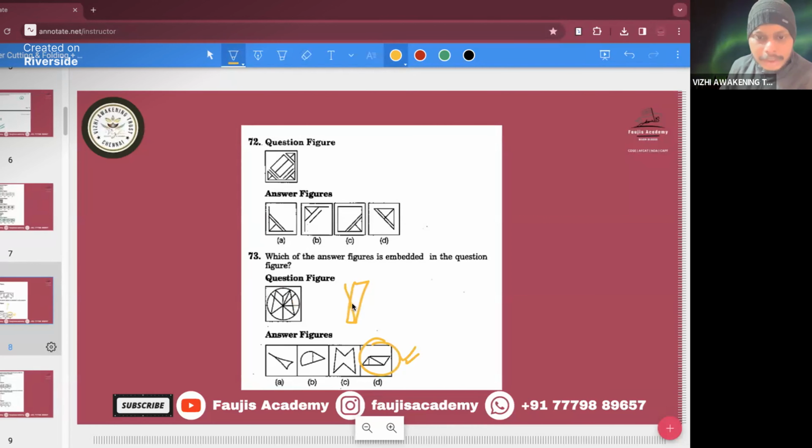Okay, I'm not able to draw it. So in this question, it doesn't seem to be a trap. There's this parallelogram. Can we form a parallelogram? Over here, we can form a trapezium, but not a parallelogram.